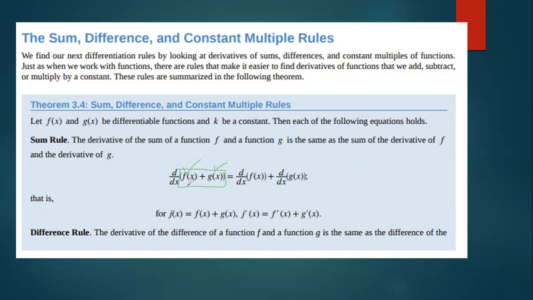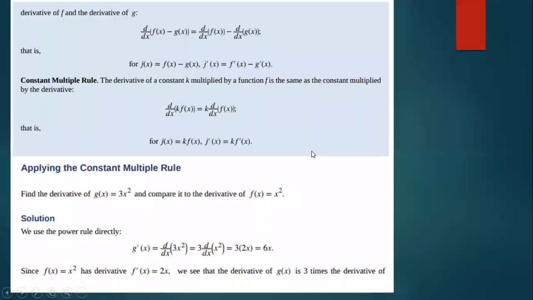By the sum rule, I first differentiate f(x), then a positive sign, and then differentiate g(x). For the difference rule, there is only a negative sign in between them, so it is the derivative of one function minus the derivative of the other.